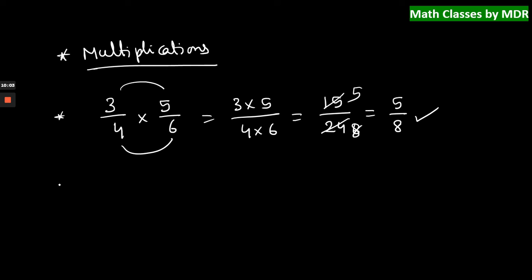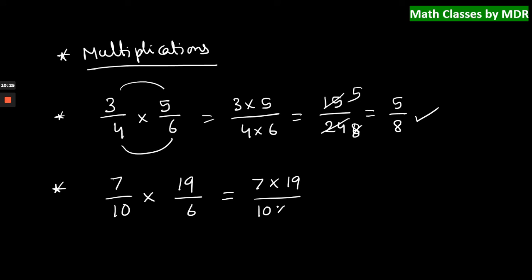Right? So now let me take one more example. If you have something like 7 by 10 into, maybe I can take some 19 by maybe some 6, right? So it is very simple, 7 into 19 by 10 into 6.